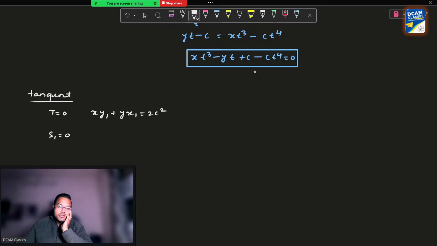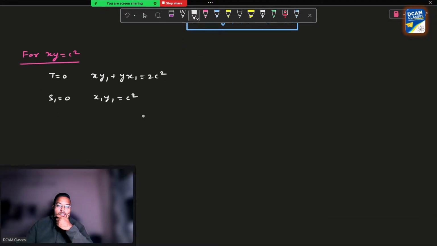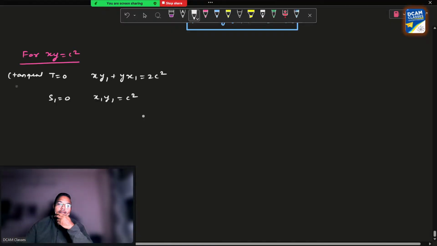S1 is equal to 0, that we say, it is x1 y1 is equal to c square. This is the tangent at x1 y1.